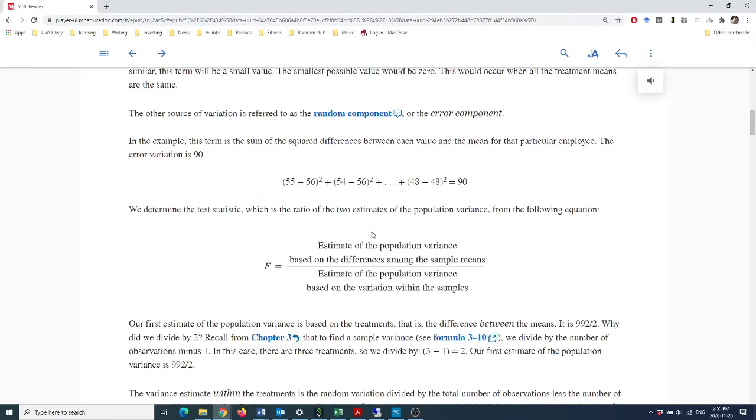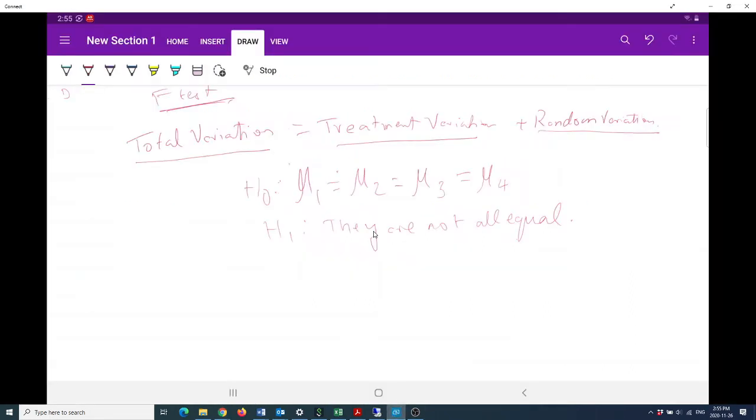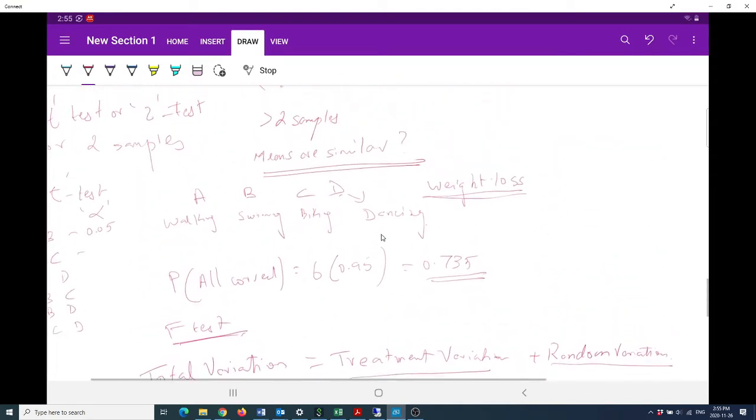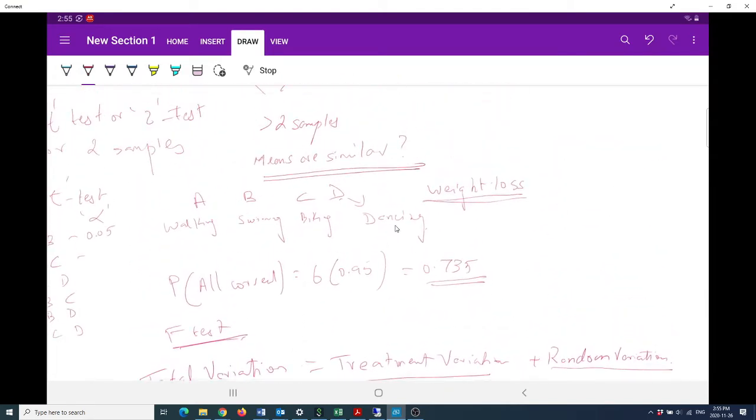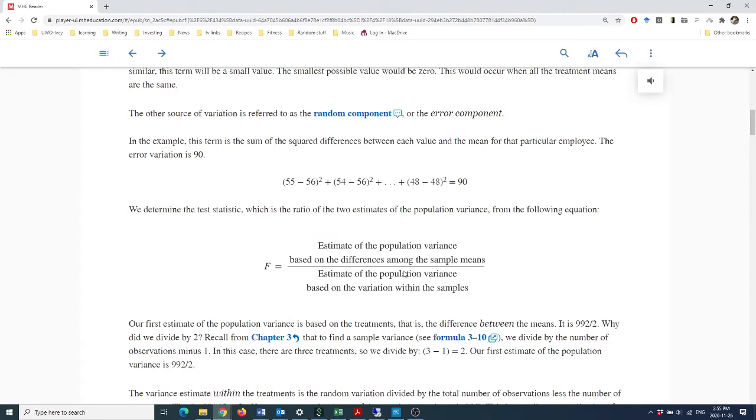What the actual F-test is, in some sense, is the estimate of the population variance among the sample means. In our example, that is between the means of walking, swimming, biking, and dancing. We estimate the population variance between these groups, divided by the estimate of the population variance based on the variation within each group.